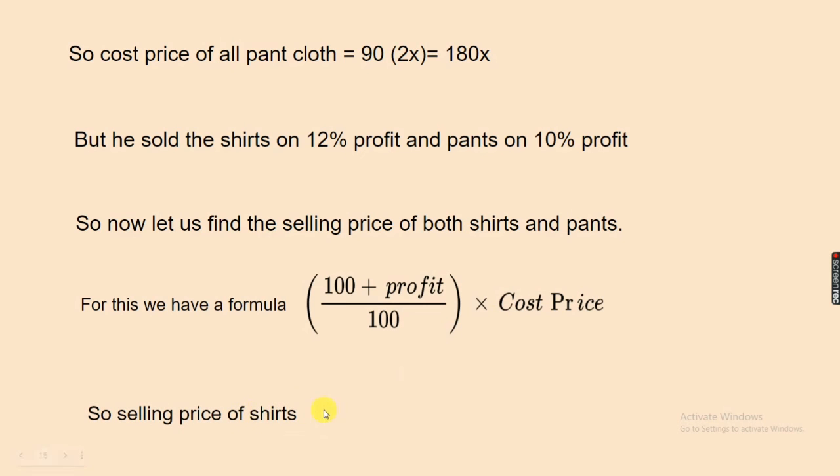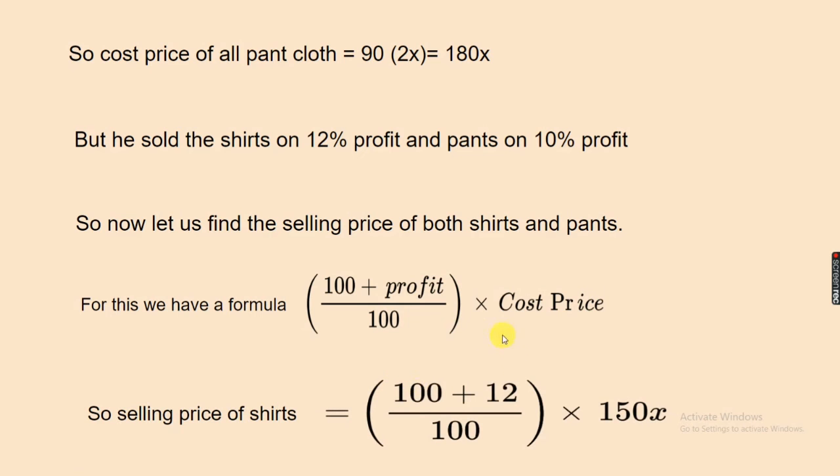So, the selling price of shirts is equal to (100 plus 12) upon 100, as the profit is 12%, multiplied by the cost price of shirts. Solving this, it becomes 112 upon 100 multiplied by 150X.